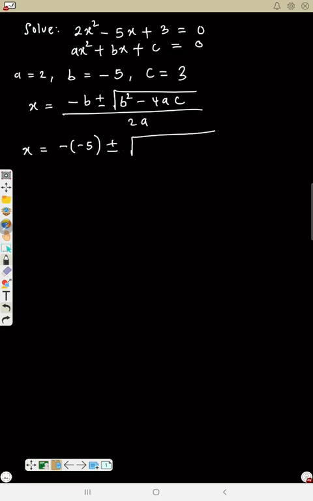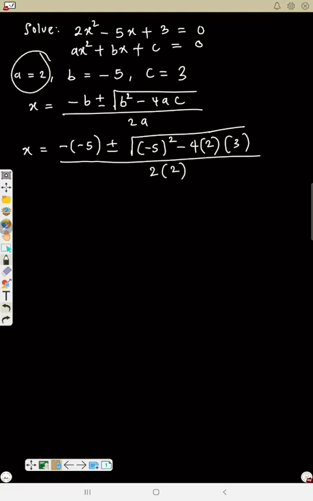So plus or minus square root of b square again, minus 5 square, then minus 4, this 4, then a. What's a? A is 2, as in this. 4ac. What's c? C is 3. And as 4ac, everything over 2a. But what is a? 2, brackets 2, as in a.